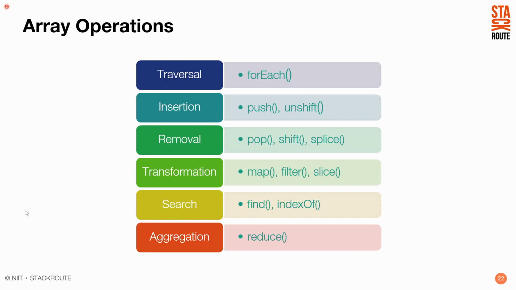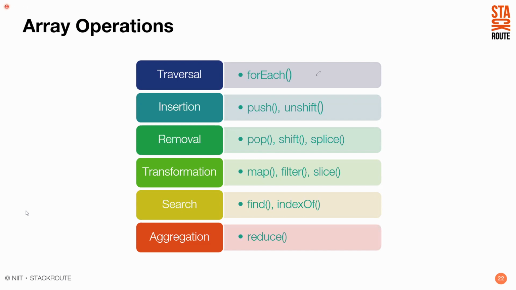These methods are new to us. Don't confuse unshift and shift. Unshift is used for insertion, whereas shift is used for removal. Pop is also used for removal. Splice is a combination of slicing and splitting. Please be aware of this.